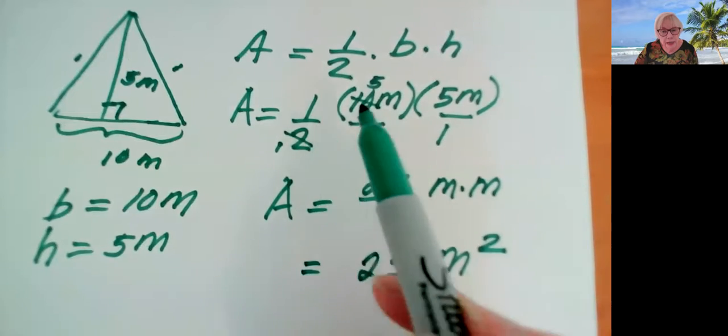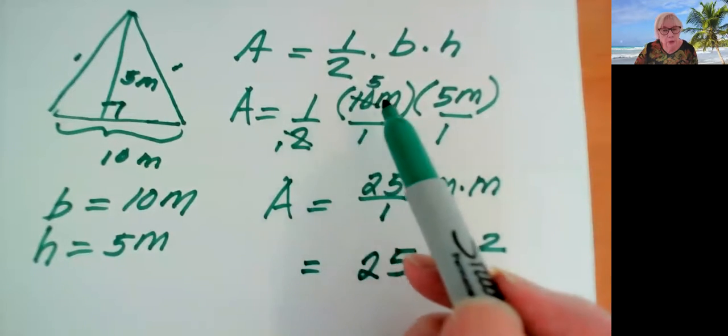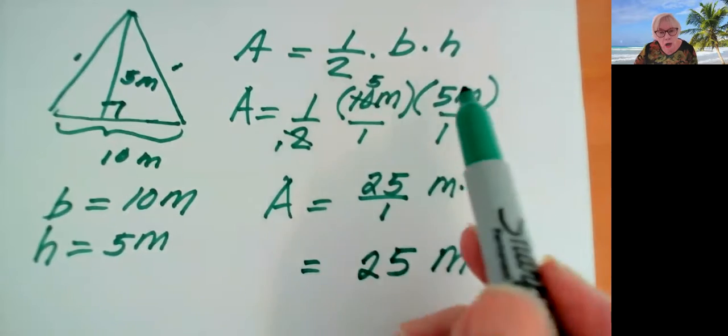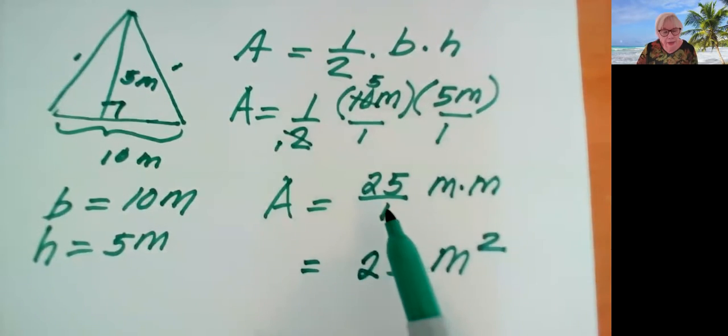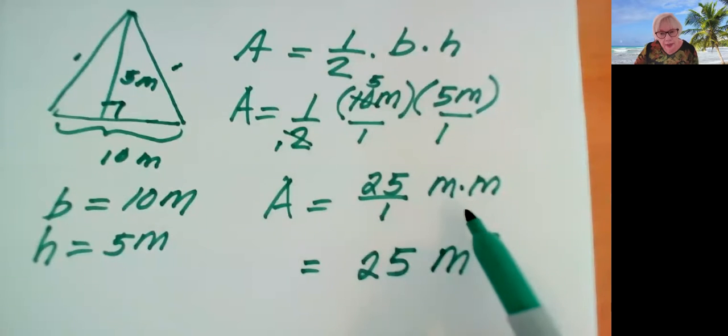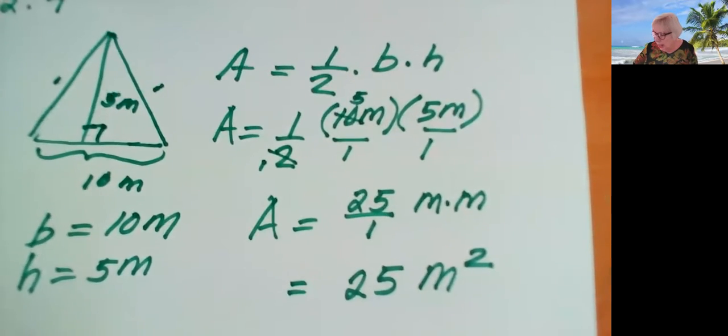So that's what I did. I had these 3 things to multiply. I canceled out the first 2, and then I multiplied across the top numbers and the bottom numbers, and I got that. If it's area, it's always square something. So it's square meters, square inches, square feet, whatever you've got. And so that's that problem.